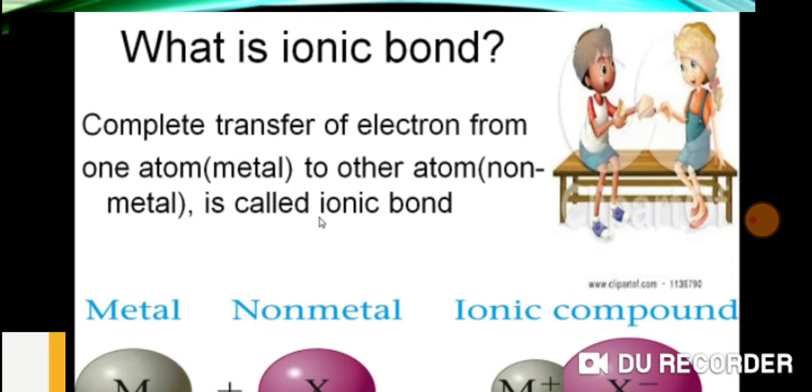For an example, two students sitting here, one giving its entire cup of tea or material to the second person, and the concept of transferring a thing from one person to another is known as ionic bonding.